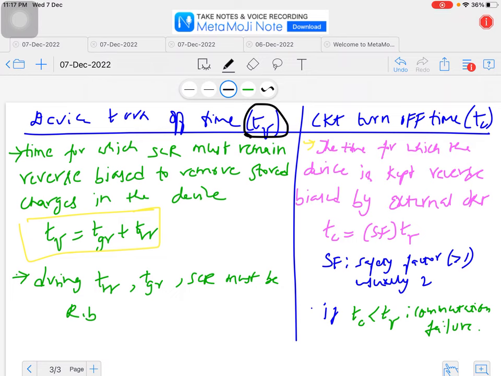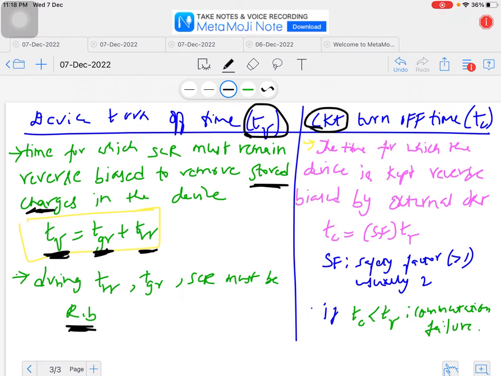It will take some minimum time during the reverse bias condition in order to remove the stored charges. So the total stored charge time, that is device turn off time, is equal to the recovery time as well as the gate recovery time. So for that time it must be in the reverse bias condition.